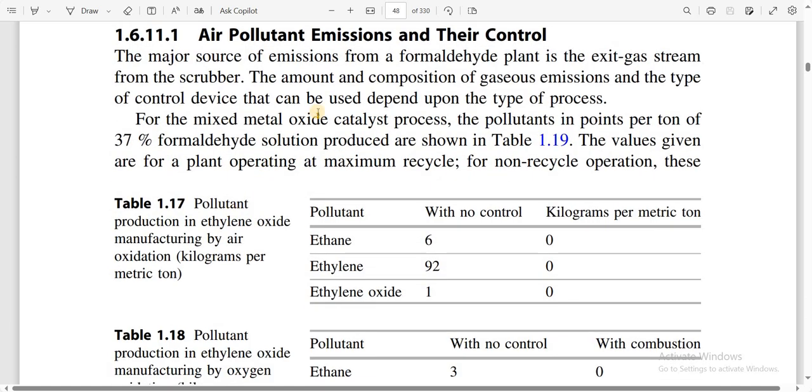For the mixed metal oxide catalyst process, the pollutants in pounds per ton of 37% formaldehyde solution produced are shown in table 1.19. The values given are for the plant operating at maximum recycle or non-recycle operation.